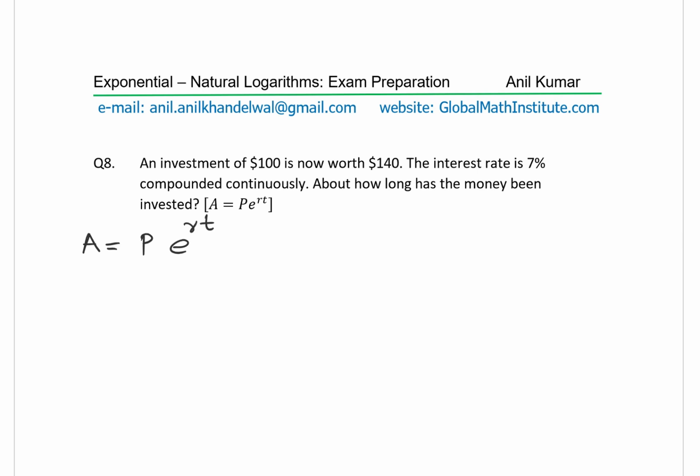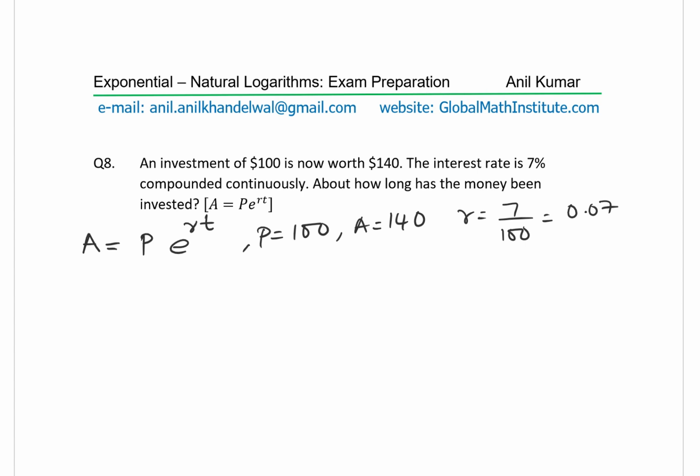So there is the formula. So it says the investment of 100, that is the value of P. So we know P is equal to 100, the amount is 140. Everything is in dollars. And the interest rate is 7%. So 7 divided by 100, which is 0.07. So we know all these values. We need to find t.